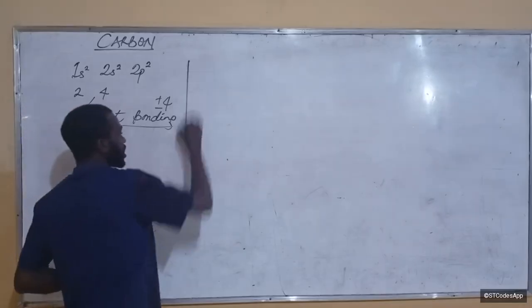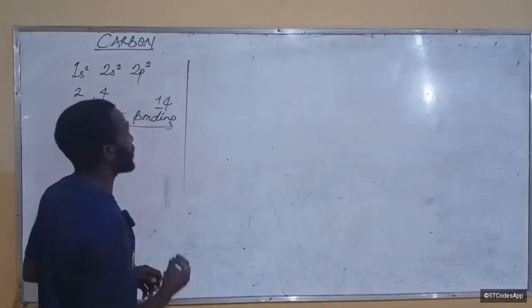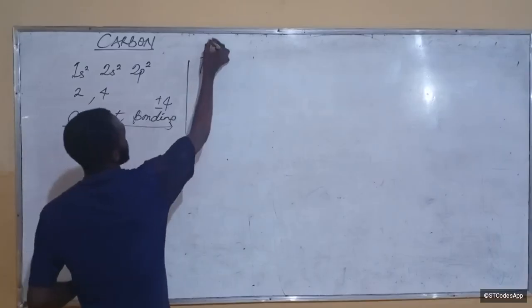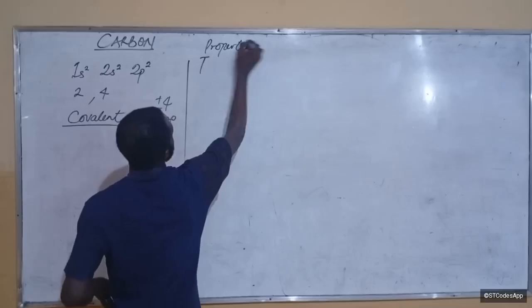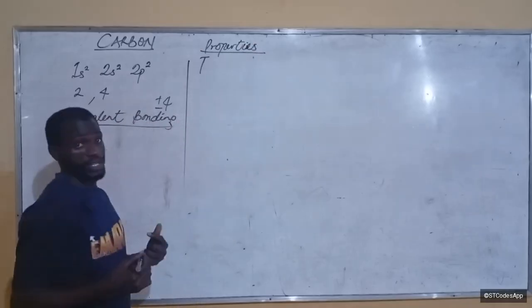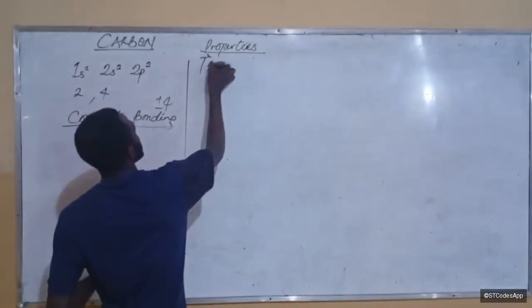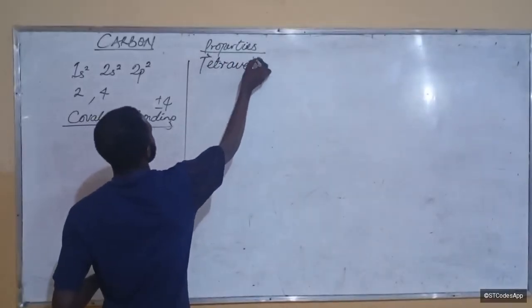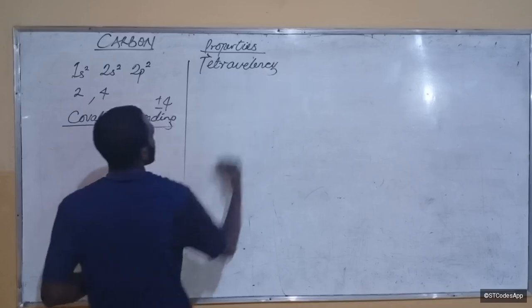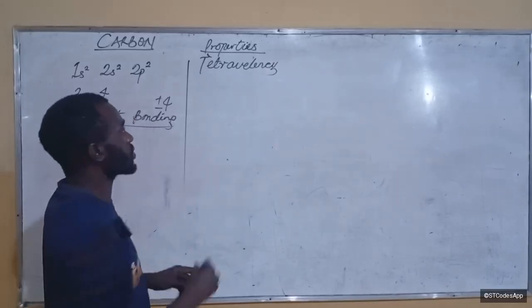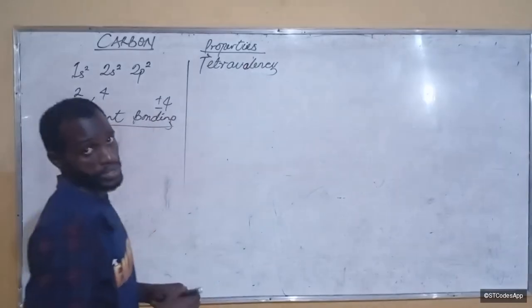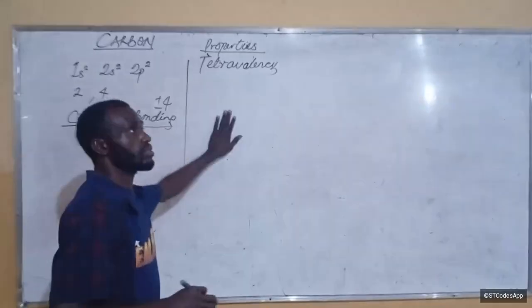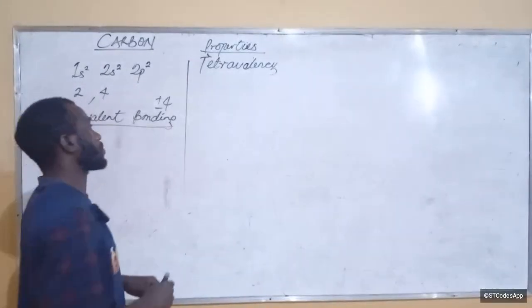So the unique properties of carbon are number 1, the tetravalency of carbon. These properties are unique to carbon. It doesn't mean that there are no other elements in the periodic table that have some of these properties, but these ones are borne by carbon.